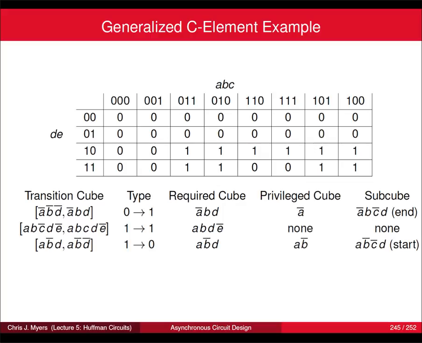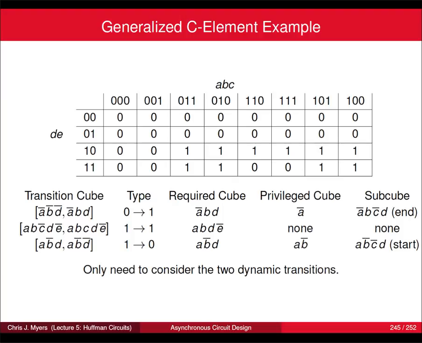But as we'll see later, this is not the required cube in GC, but this was the required cube previously. And then this was the privilege cube. And then we had to worry about the start subcube, which was 1, 0, 0, 1. So it's this part here, assuming that C was a directed don't care that was rising in this case.